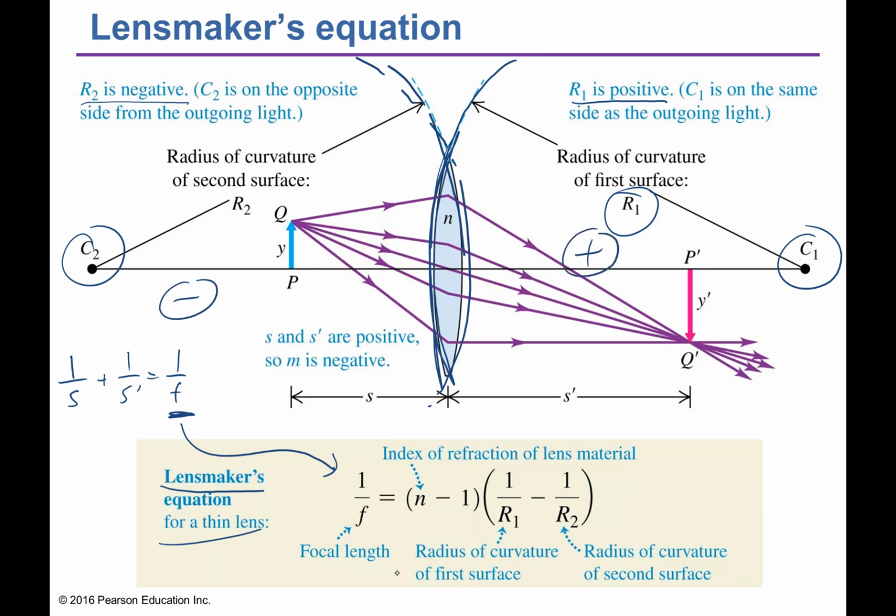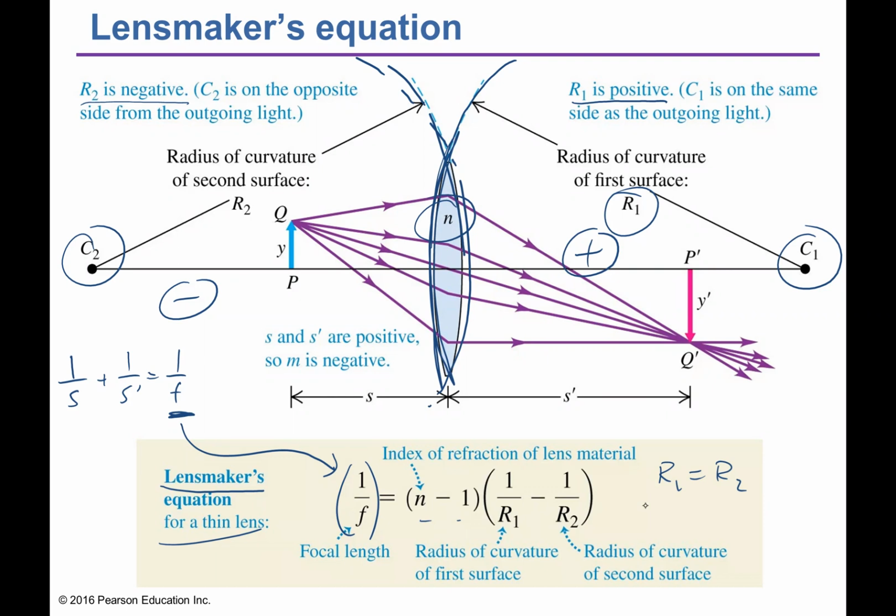This equation tells you that you can calculate 1 over f from n minus 1, where n is the index of refraction of the lens itself, times 1 over R1 minus 1 over R2. If R1 equals R2, you would get 0 there. But R1 and R2 always have opposite signs.